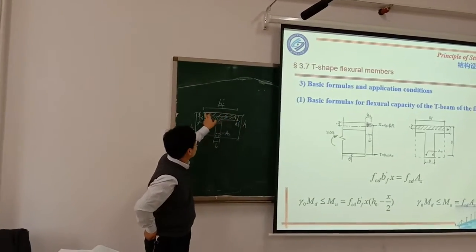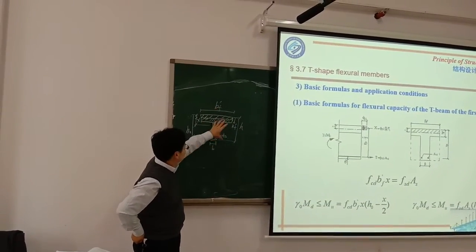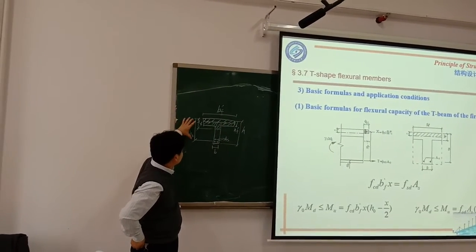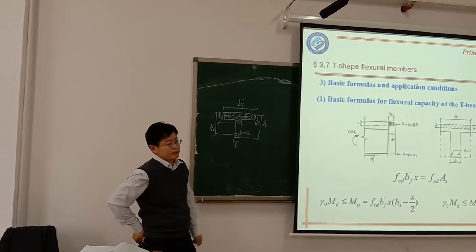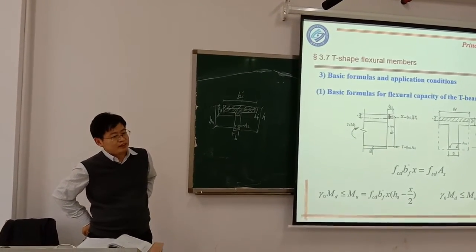This effective width B F prime, the total height H, effective height H 0, compression height X, then write the basic equations.